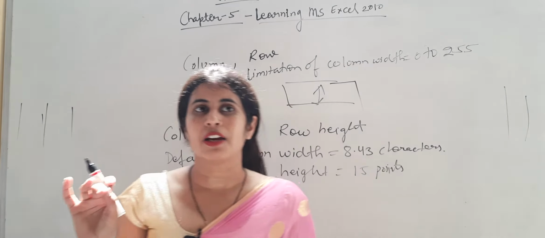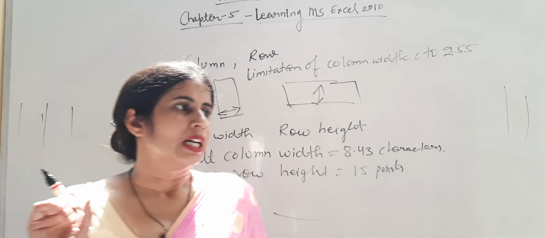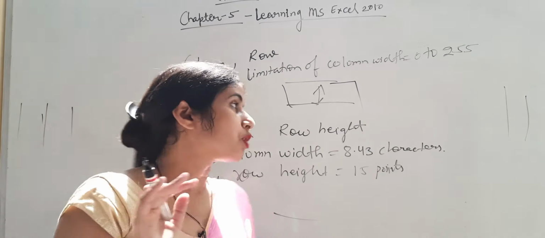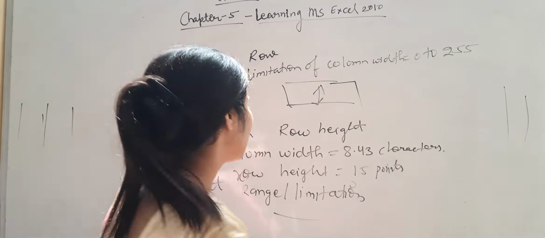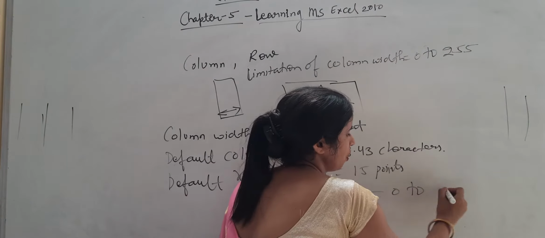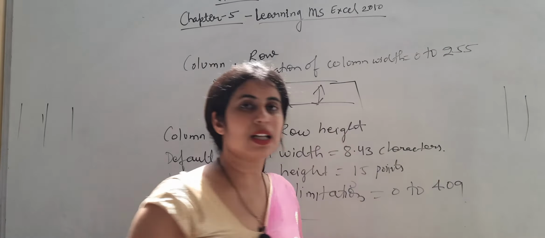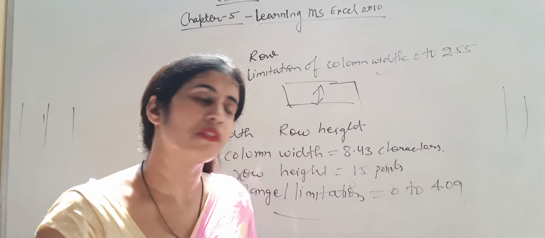In the same way, we have the range of the row height, the limitation. It is 0 to 409. So the column width highest range is 255, and 0 is the lowest.